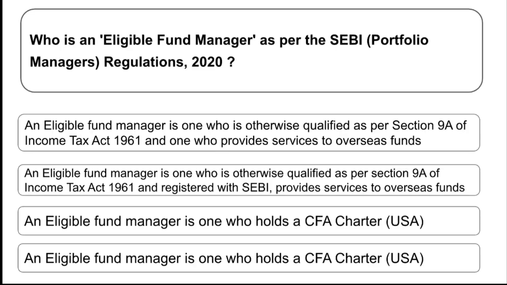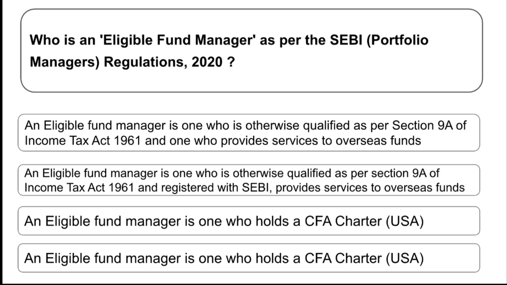Next question. Who is eligible fund manager as per SEBI Portfolio Managers Regulation 2020? Options are: A. An eligible fund manager is the one who is otherwise qualified as per Section 9A of the Income Tax Act 1961 and one who provides services to overseas funds. B. An eligible fund manager is one who otherwise qualifies the Section 9A of the Income Tax Act 1961 and is registered with SEBI, provides services to overseas funds.